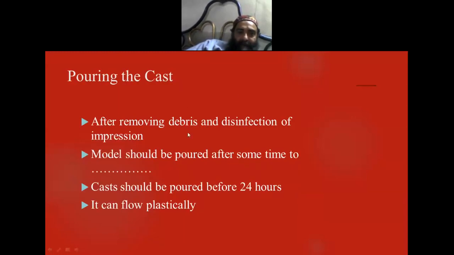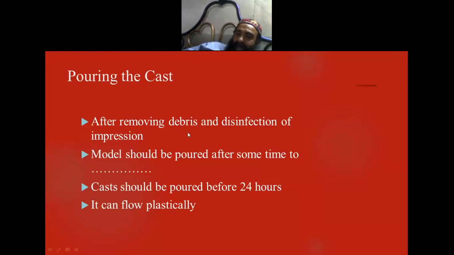Pouring the cast after removing debris and disinfection of the impression. Disinfection and removing debris were discussed already in previous chapters.